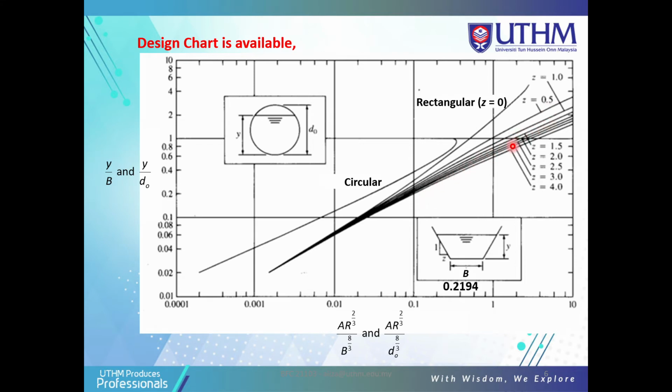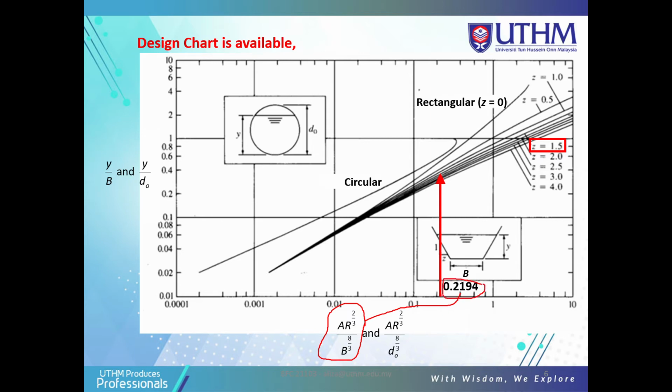Okay, so assume that we get 0.2194, and with Z, because the previous question has Z of 1.5. You just use AR to the power of 2 over 3 divided by B, so you get the value of this one. You just calculate.